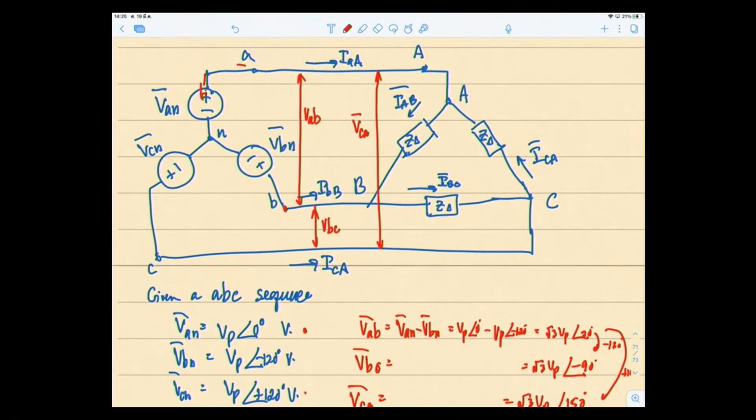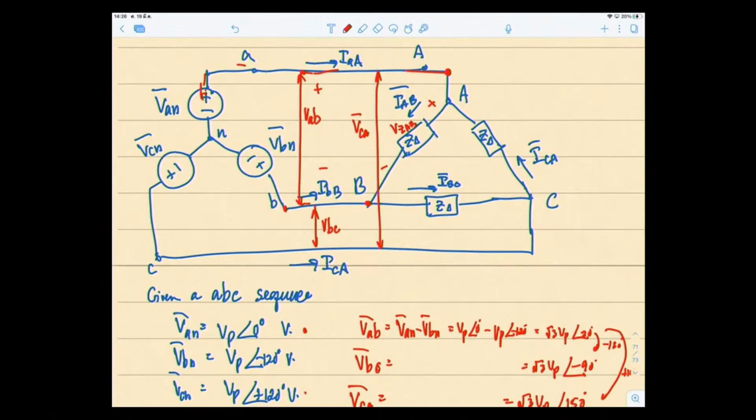You want to find the line current. But before that, let's realize something. On the line voltage VAB, if you trace it across the phase on the load side, this point here is the same as point here, point A. Point B here is at point B. So actually VAB of your line voltage, plus minus VAB like this, it's the same thing as the voltage across your impedance AB.